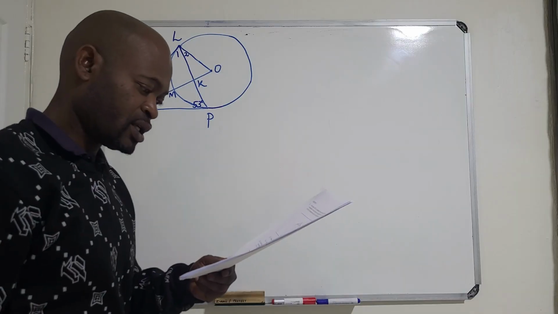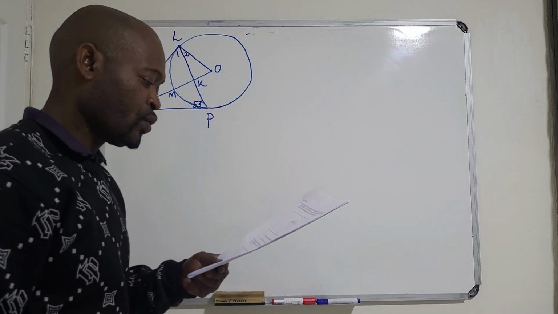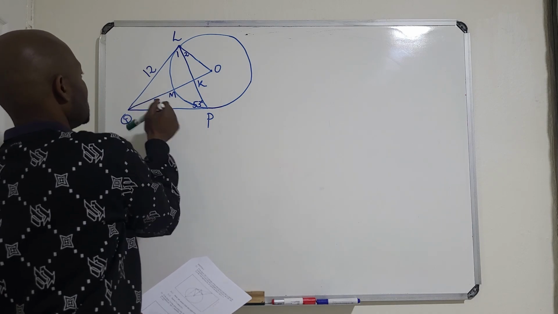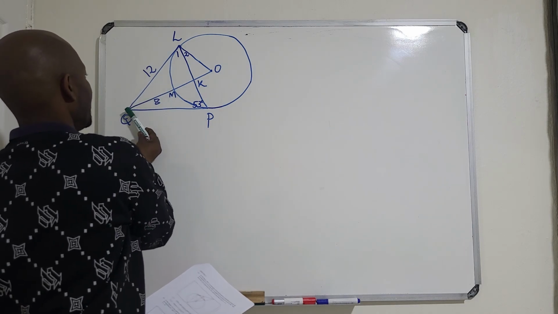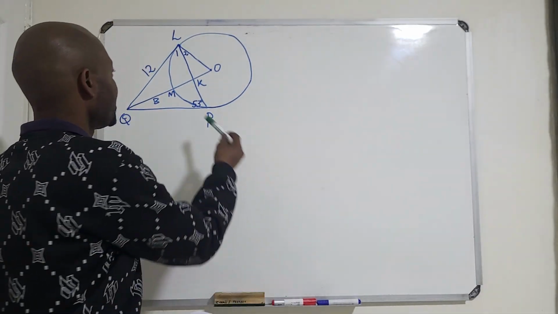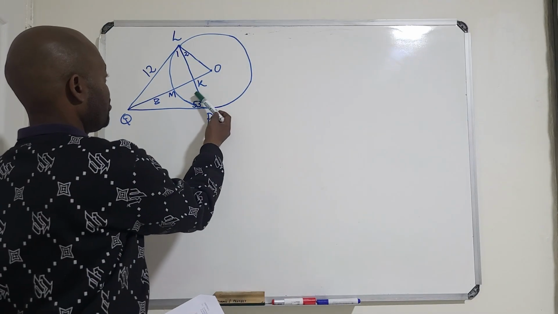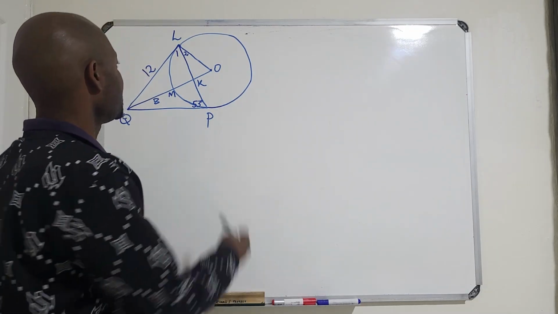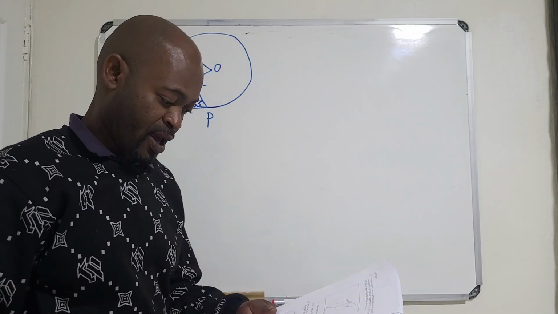You can see that. And MQ, only from here to there, is 8 units. And angle P is 53. You can see there that angle P is 53.